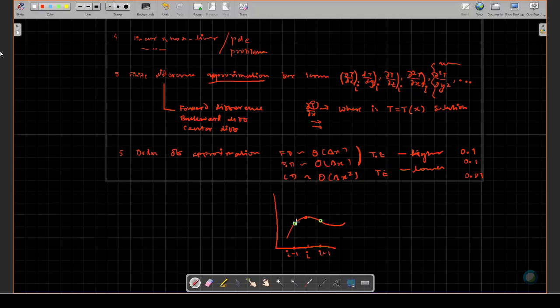And when you do backward difference, you get the slope at these locations. So I'll just draw that. Backward difference looks like this, and then your forward difference looks like this, as shown.